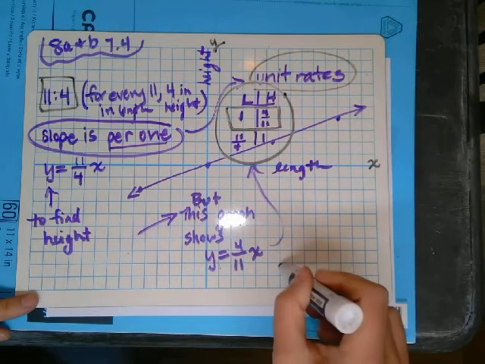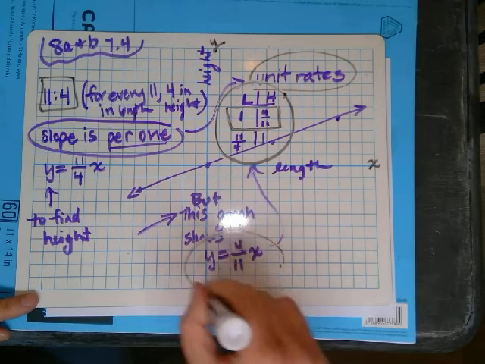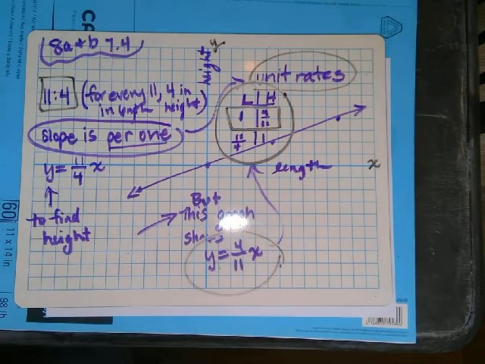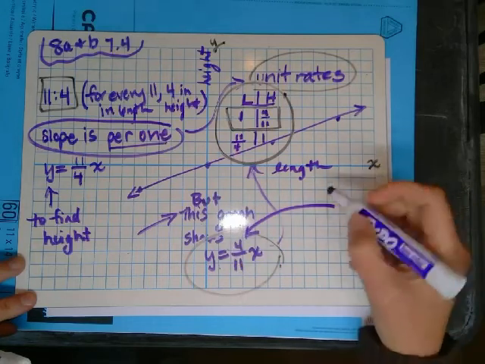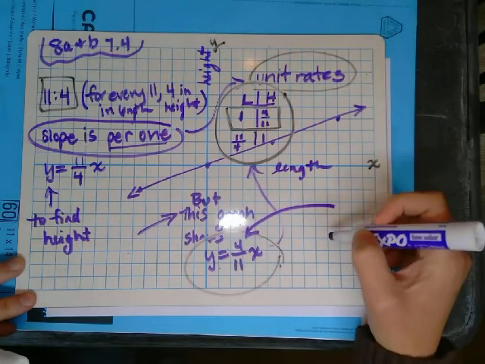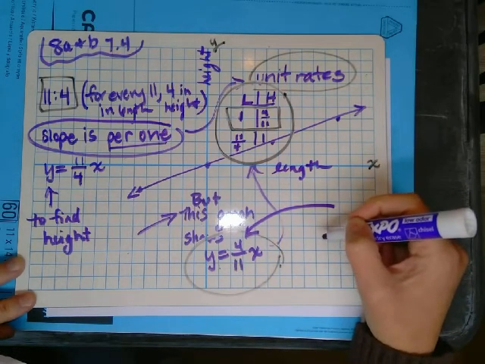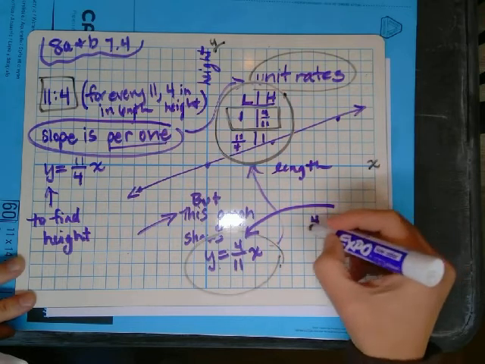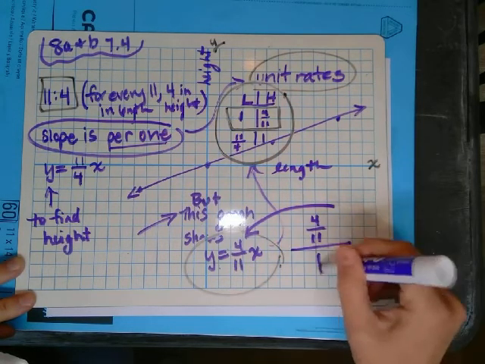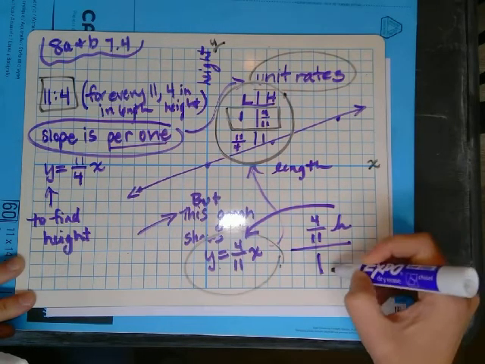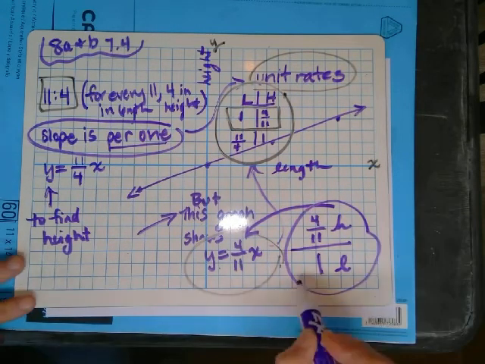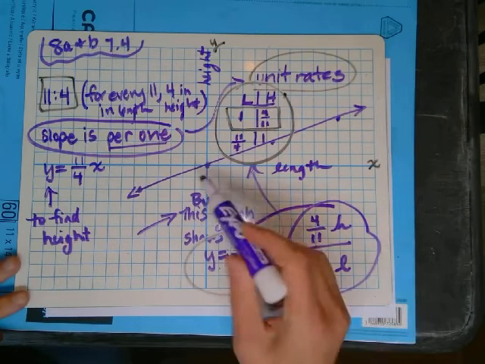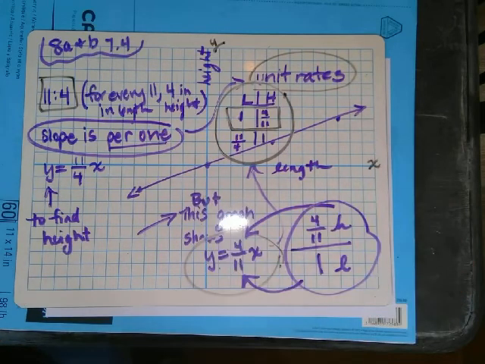Then I'm going to want to write it as y equals 4/11ths x. 4/11ths again comes from the unit rate of how much I go up in height for every 1 I go over in length. So in other words, it's 4/11ths to 1. 4/11ths in height to every 1 I go over in length. It's that unit rate. That becomes the slope, and that's how we would interpret this line.